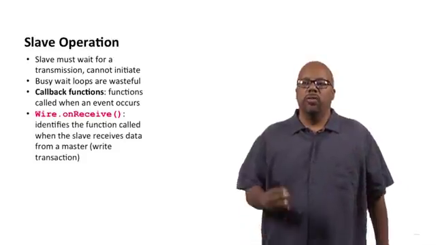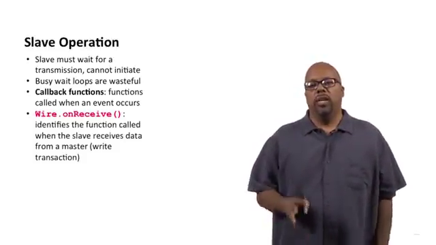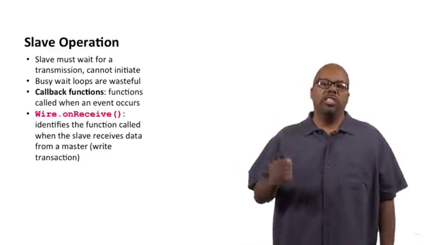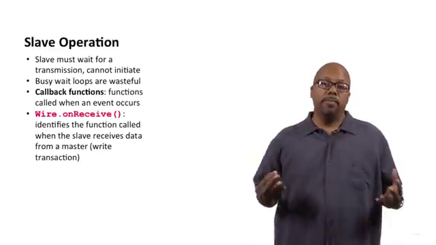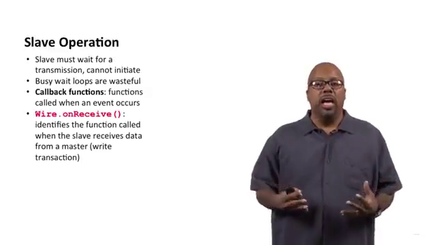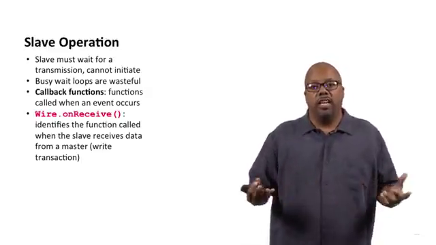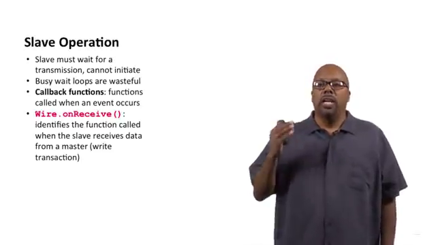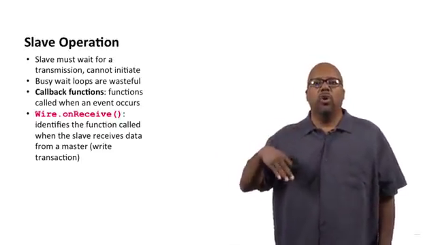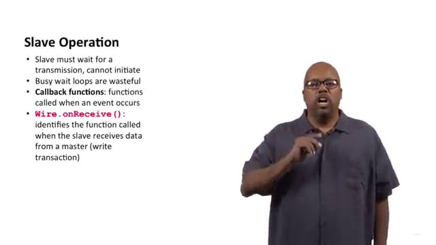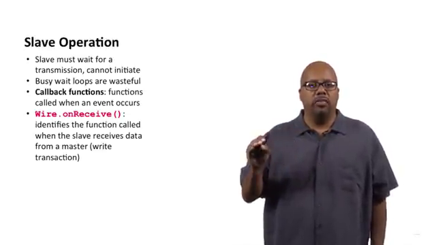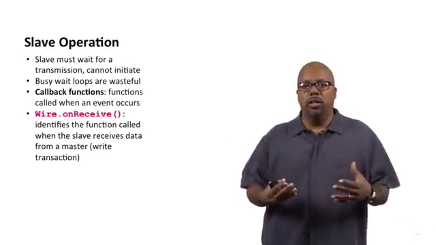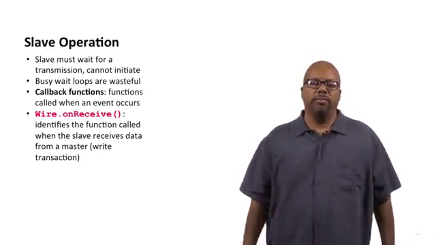So for instance, we've got wire.onReceive. Wire.onReceive is a function that identifies the function called when the slave receives data from a master. So if the master initiates a write transaction, then the slave is going to have to receive data. When that happens, a callback function is called on the slave. And this function, wire.onReceive, names the function that is going to be called when data is being received by the slave.